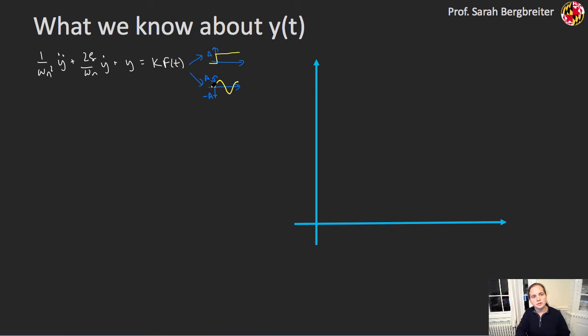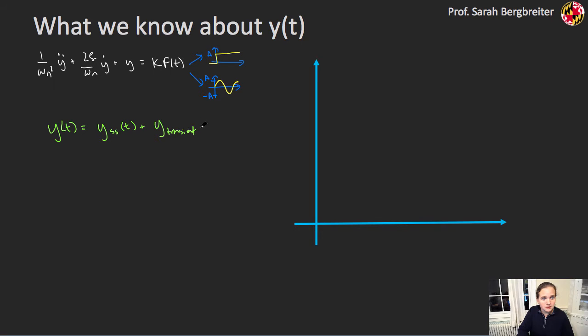And honestly, all of these are going to have some interesting and fairly complex solutions to them. But for the step input, we do know some basic information about the steady state response of our system. So y of t in general is going to be the sum of the y in steady state plus some transient, right?